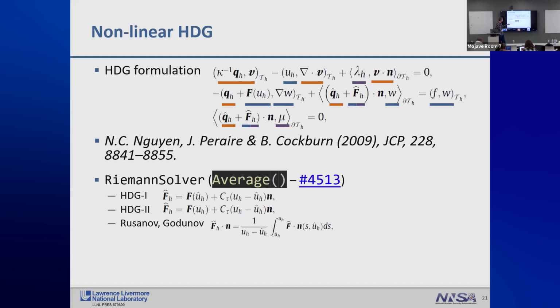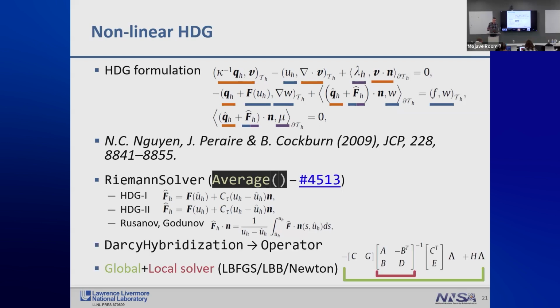So we have like this new method for the Riemann solvers, which analytically calculates the fluxes for us. So we may again use this type of Godunov flux, or there are two special Riemann solvers for HDG, HDG1 and HDG2, which are based on the paper, somewhat simplistic, but actually work quite well.